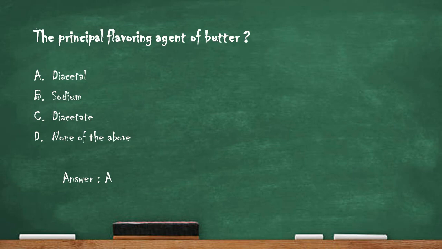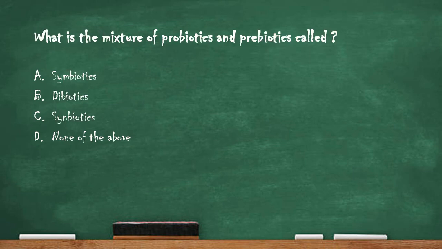Next question. What is the mixture of probiotics and prebiotics called? Option A, symbiotics. Option B, dibiotics. Option C, synbiotics. Option D, none of the above.